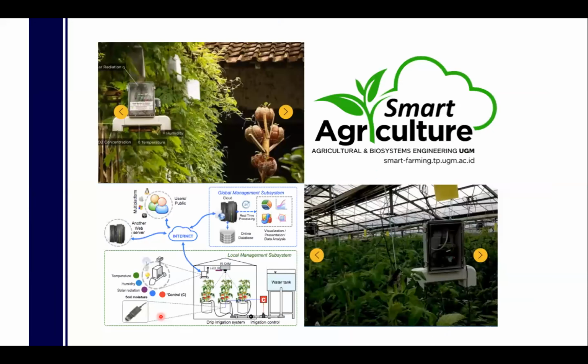This is at UGM, so we invite all of you, if you are interested, to develop a smart agriculture system. We develop it in our laboratory, in our department. We call it smart agriculture, agricultural and biosystem engineering, UGM. You can join us to learn together and conduct research together. We also connect our instrument, our technology, with Kyushu University.